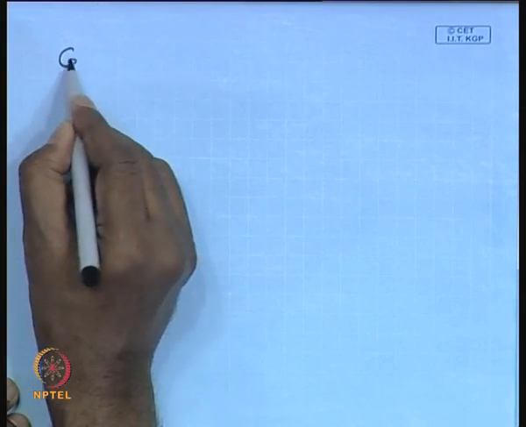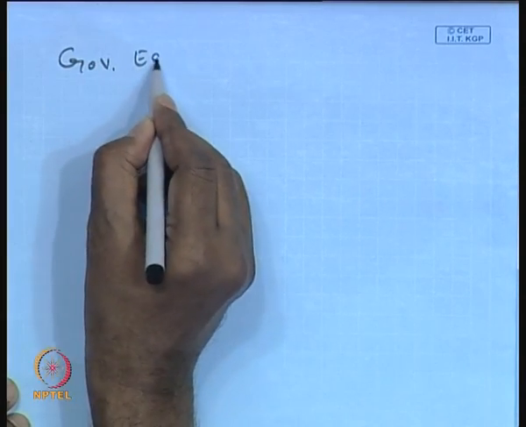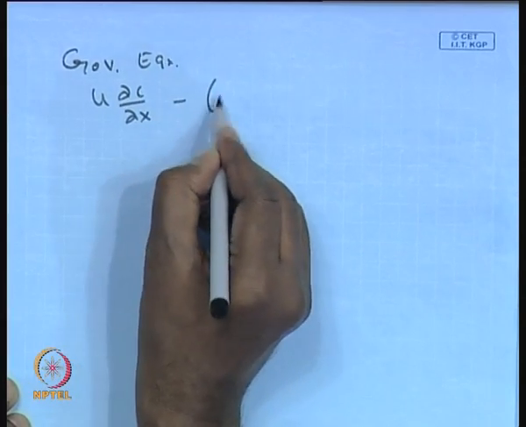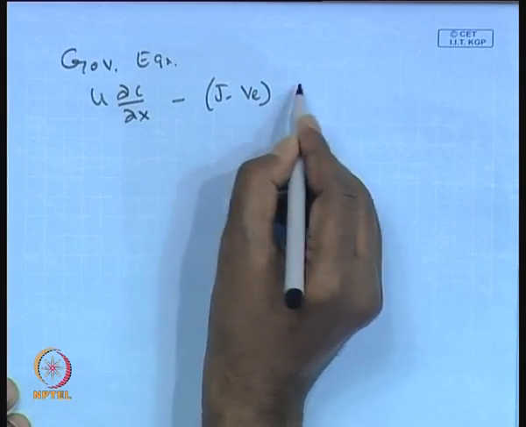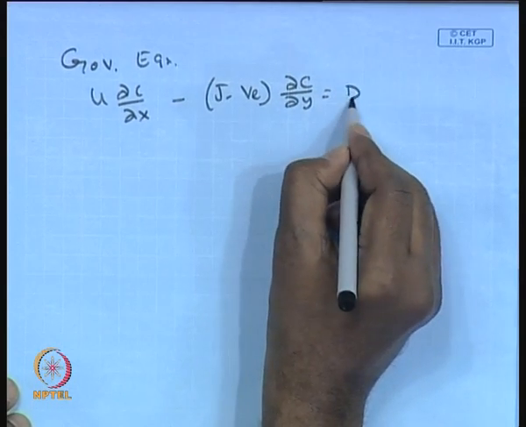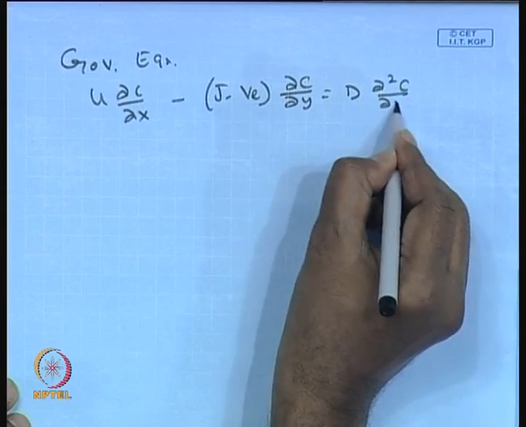So, now let us non-dimensionalize the governing equation. The governing equation becomes U del C del x minus J minus V_E del C del y is equal to D del square C del y square.